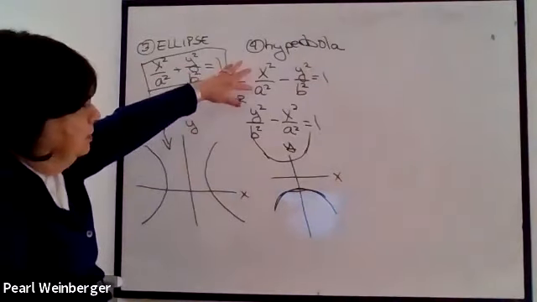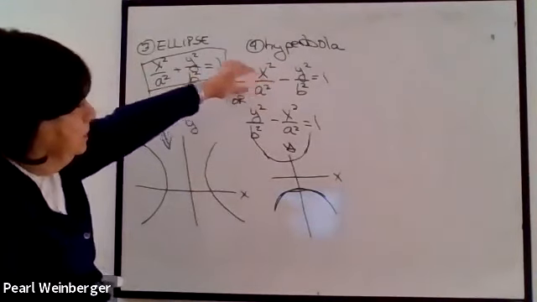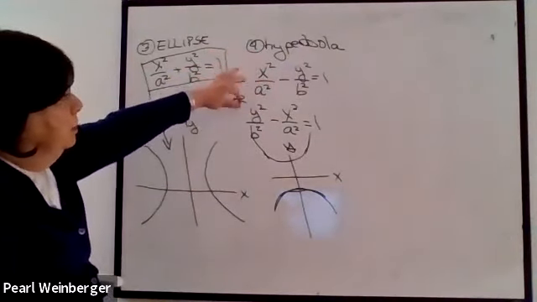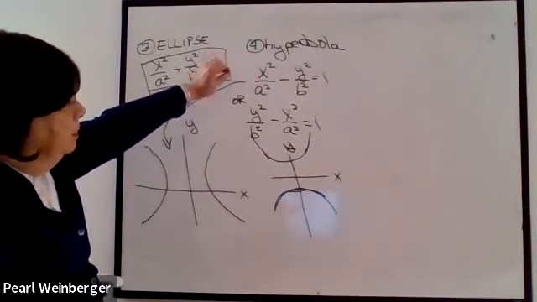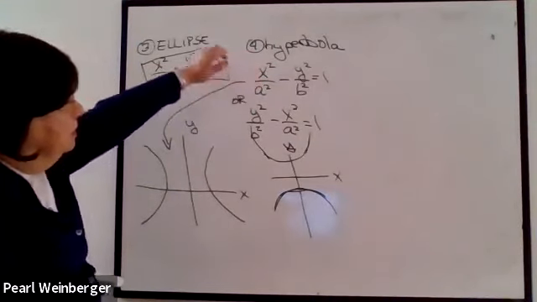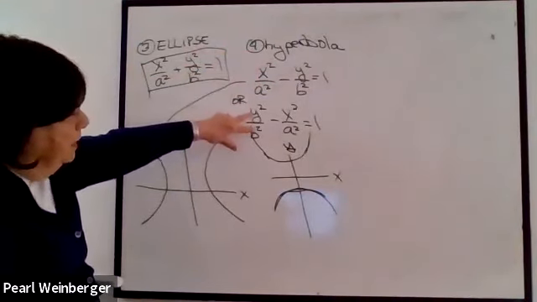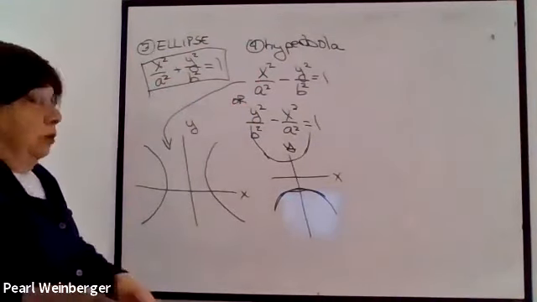So in this case, where you have x squared over a squared minus y squared over b squared, the only case where you can get real intercepts is where you have the x. Here you get y-intercepts and not x-intercepts.